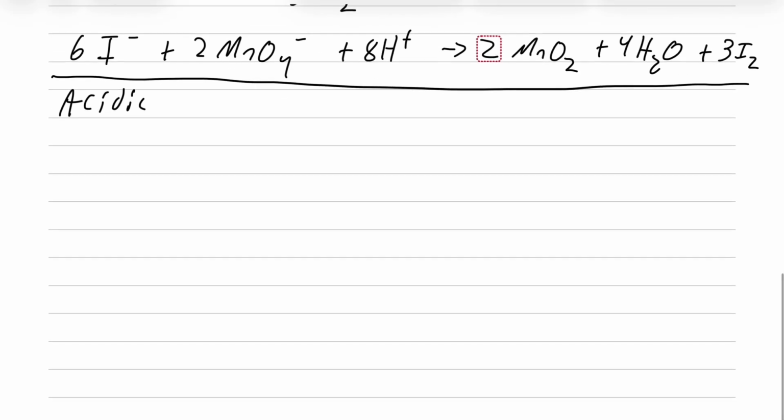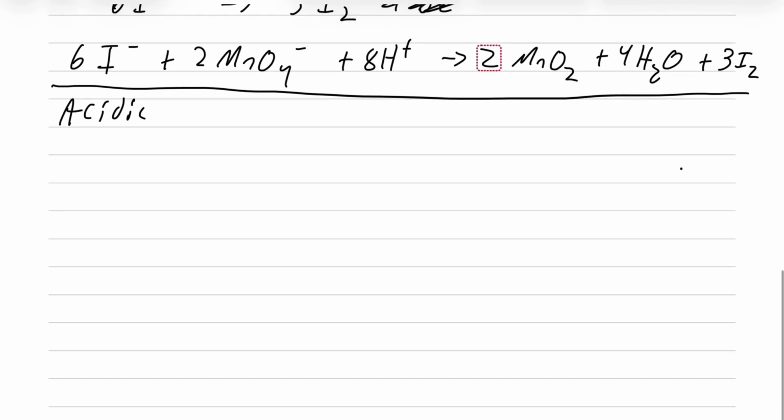Now, what if we're in basic? Okay, I don't know why it's selecting that too, but we'll just ignore it. The extra step is simply to add hydroxide ions to neutralize any protons to create water.